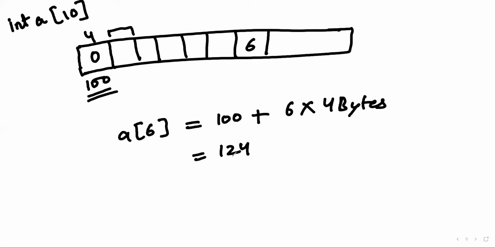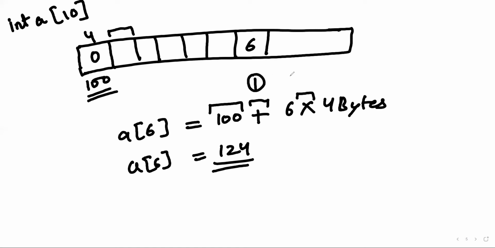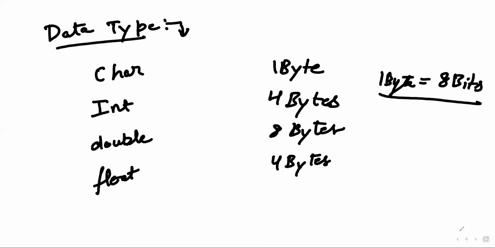So it would be 124. This would be the address of A of 6. And we have seen in the previous session that these addition and multiplication operations are of order 1, that's why accessing takes place in order 1 time. That's basically what random access means. Any doubt in this?